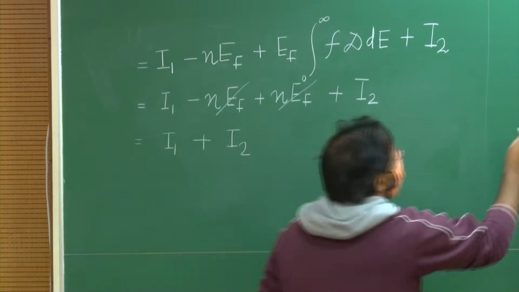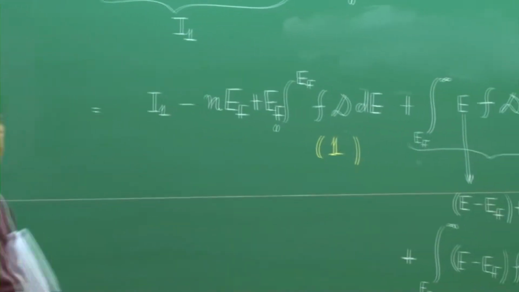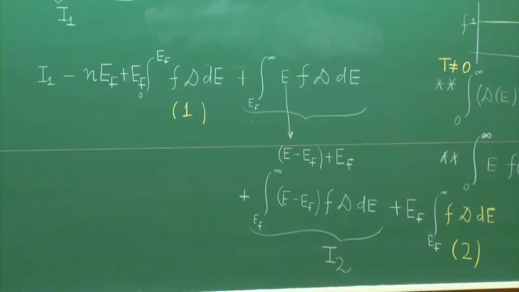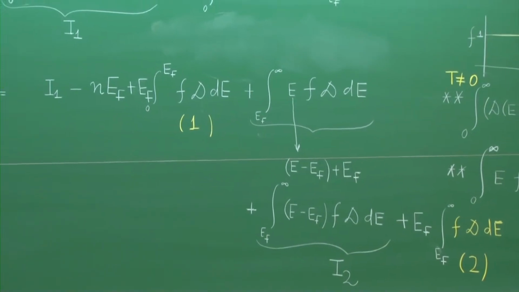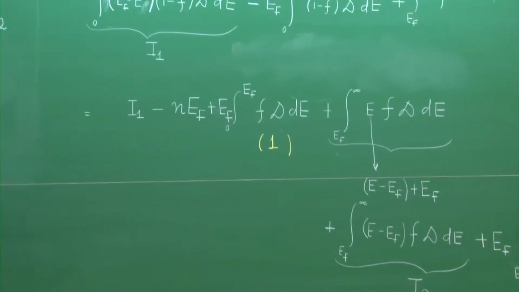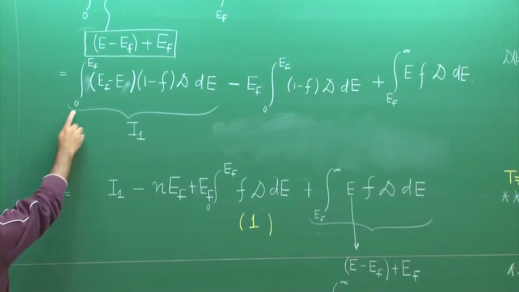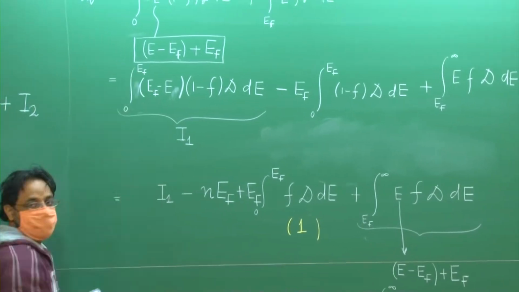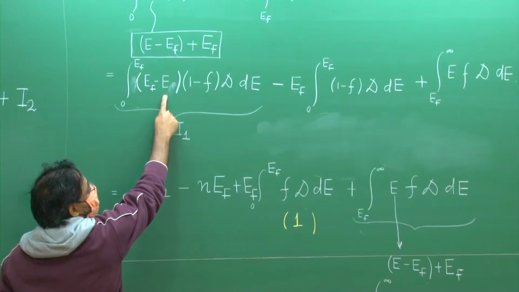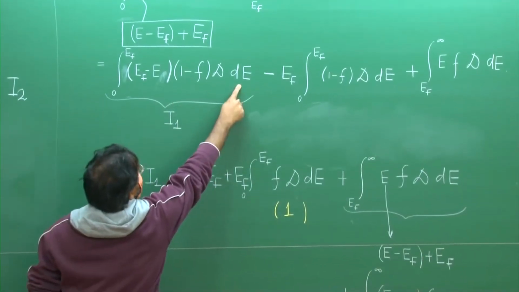I1 is over here and I2 is over here. Do you see any commonality between them? They look fairly common, except, let's stare at them very closely. This integration has a limit from 0 to EF, and you have EF minus E sitting here, 1 minus F sitting here, and then you have dD/dE.